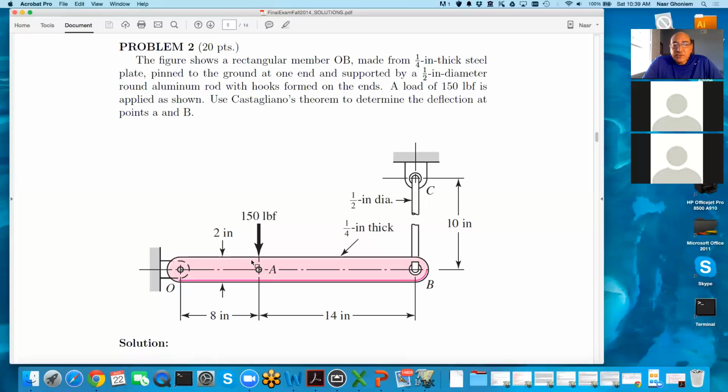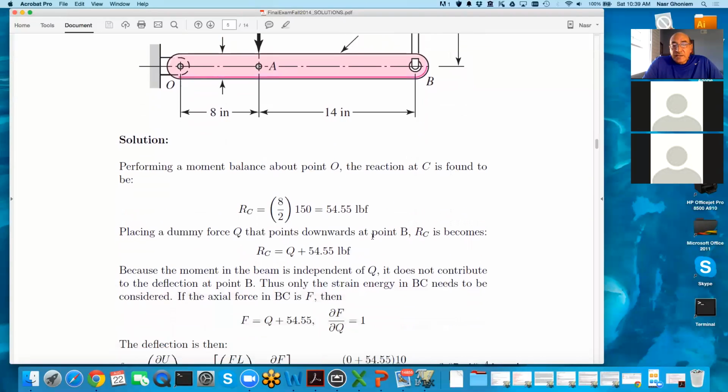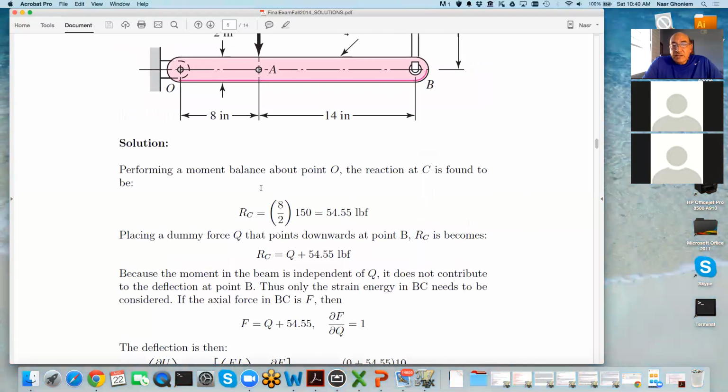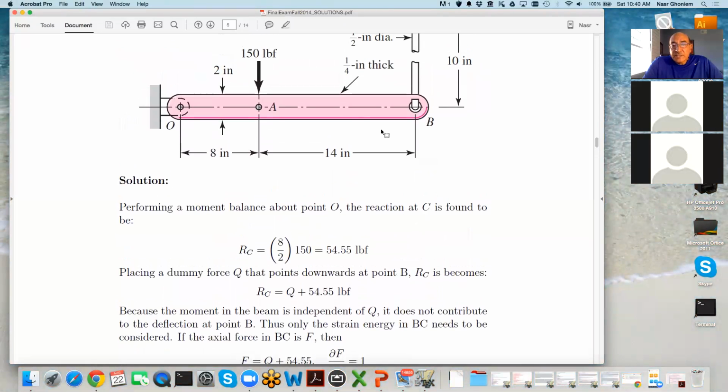And then you use Castigliano to determine the energy stored in the different members. So you have a section OA and AB, and then you have also this rod CB to consider. And Castigliano is you take the derivative of all of the elastic energy with respect to the force. In this case, the fictitious force is Q, and that gives you the deflection. So every one of these problems starts with the statics.